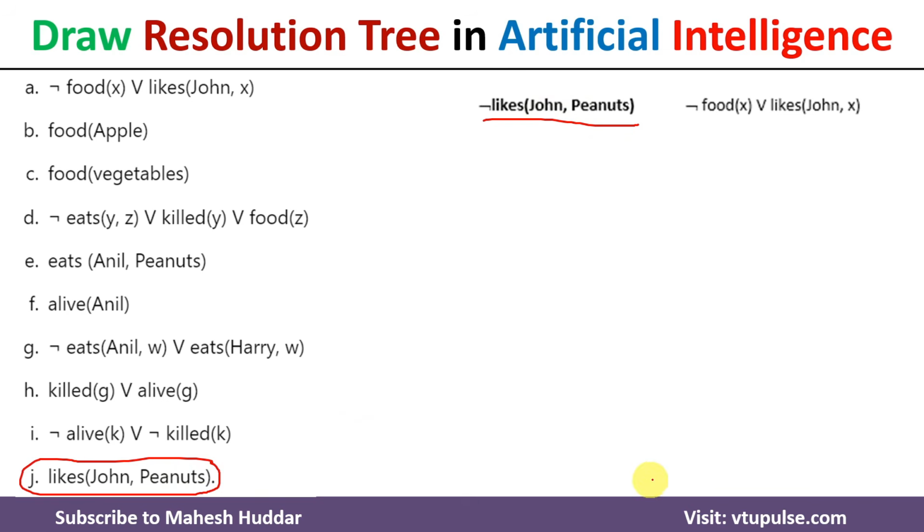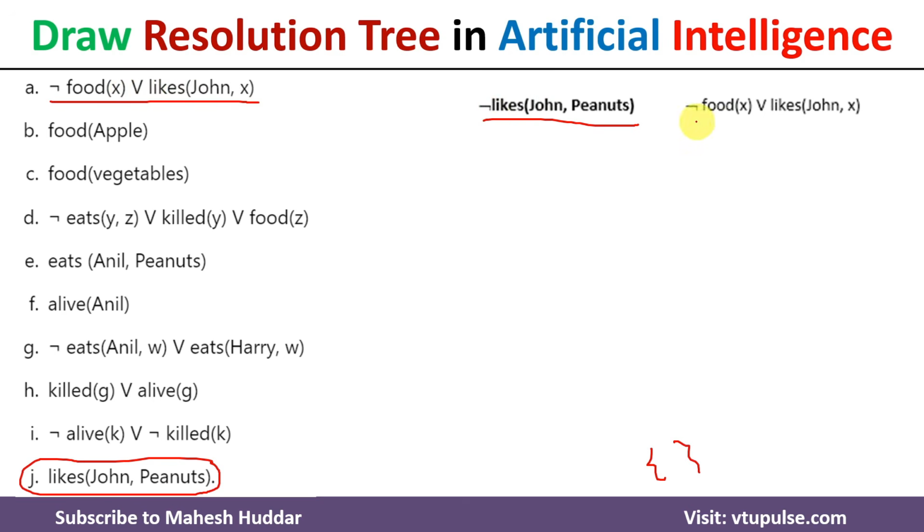Now, at the end of the day, we want the null set here, so we need to cancel it out. To cancel it out, we need to identify one predicate. There is a negation of likes here, that is, John likes peanuts. And in the first predicate, we have John likes X. So we can take this and cancel this likes, because here there is a negation and here there is no negation.